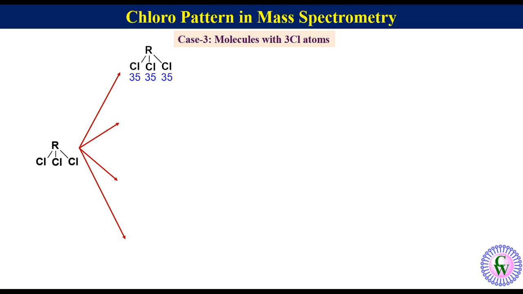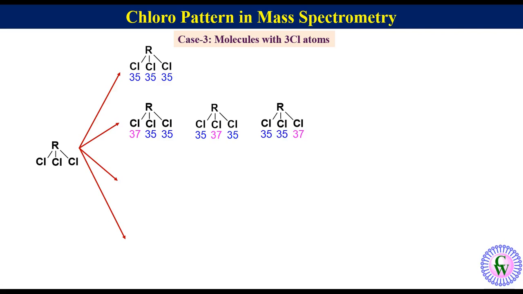In this set, there are 3 possible combinations of Cl isotopes: 37, 35, 35; 35, 37, 35; and 35, 35, 37.